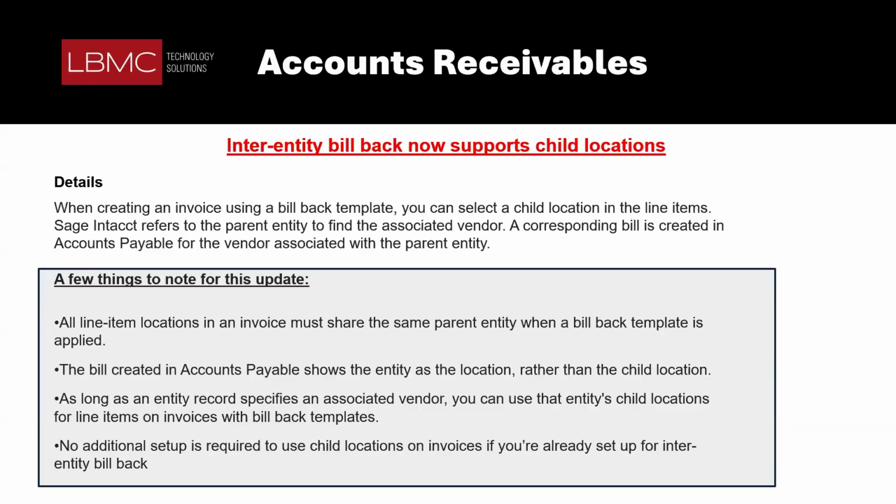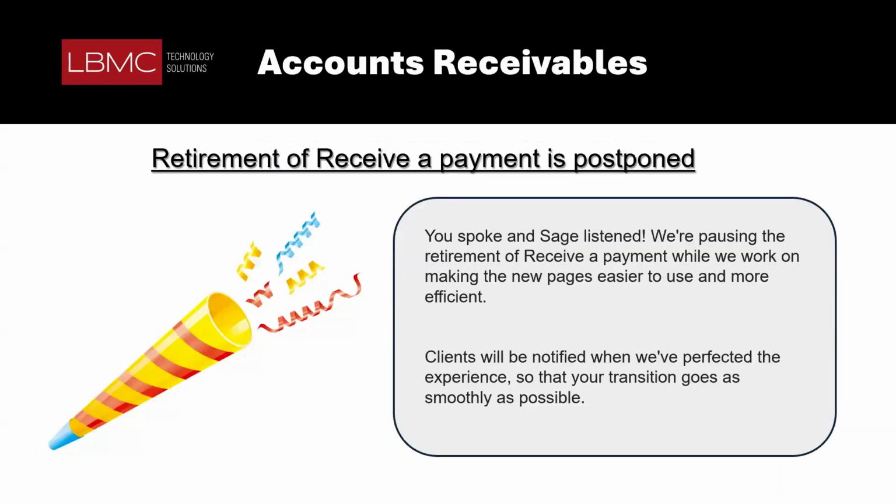Do know that also within Sage Intacct, if there are updates that are not viewed as always being the best and most efficient way, Sage Intacct will postpone some updates. As you can see, the retirement of received payment has been postponed. They've listened to feedback from clients using Sage Intacct, and they're pausing the retirement of the received payment.